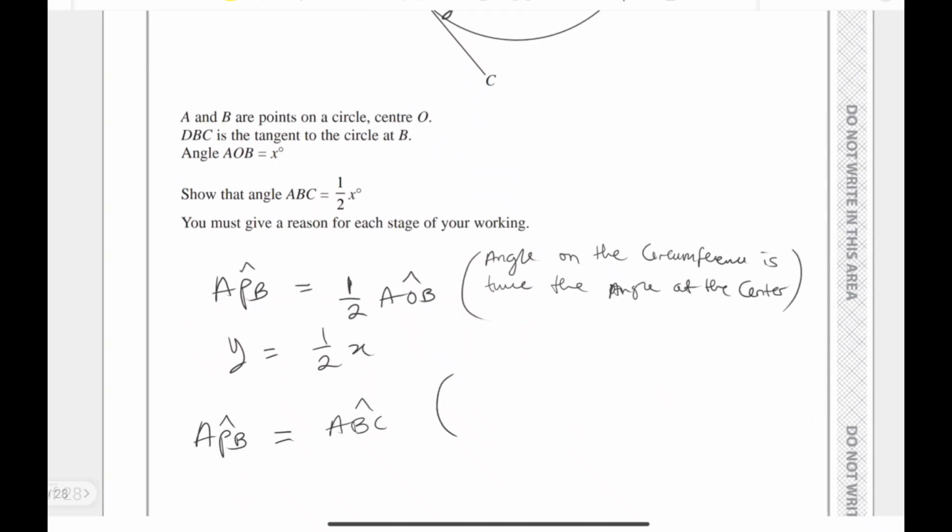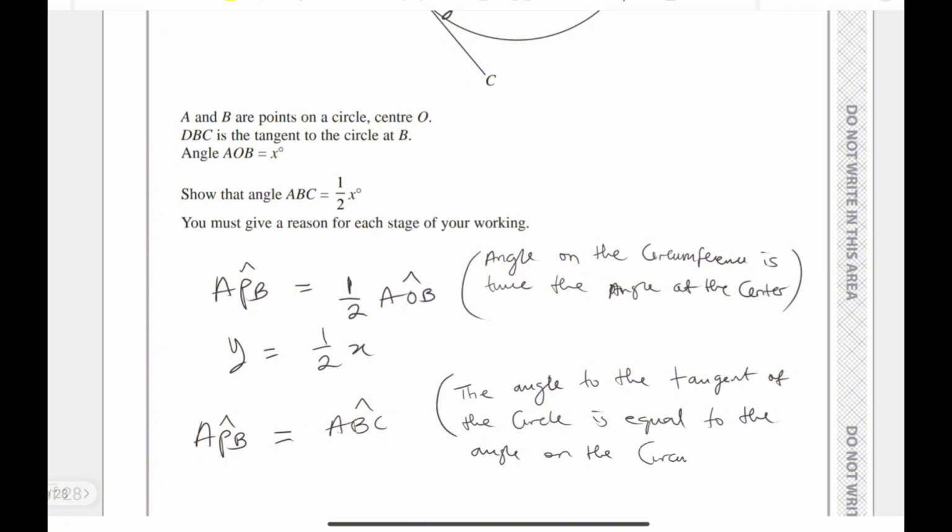And the reason for that is the angle between the tangent and the chord of the circle is equal to the angle on the circumference.